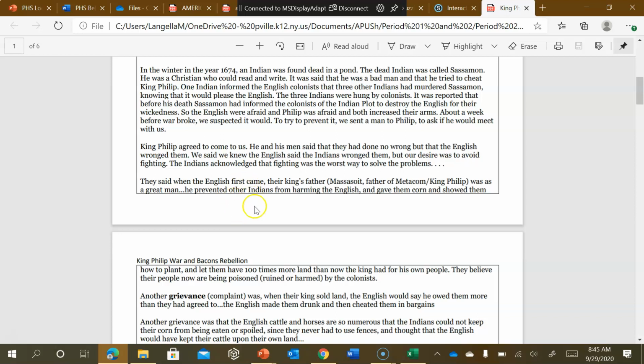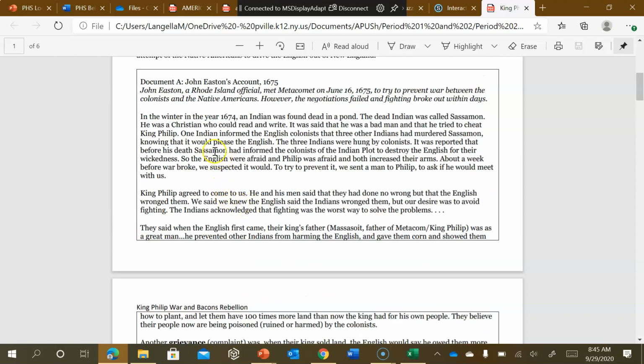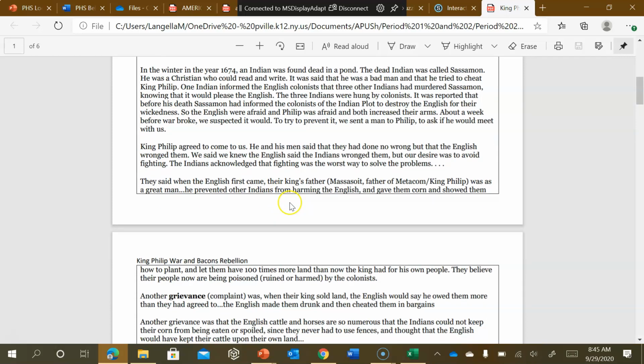It was showing some of the issues and grievances of Metacom. If you look at it, he named specific grievances that he has with them, and one of the grievances, especially, was the fact that the trust between his group and those Europeans has disintegrated.